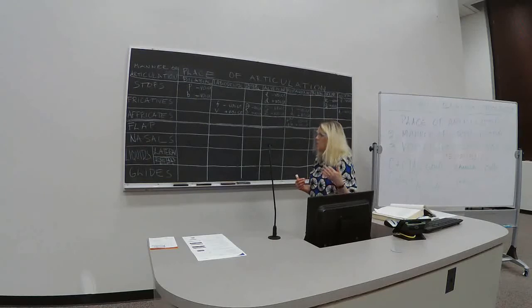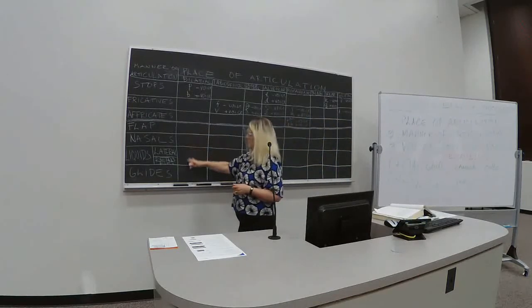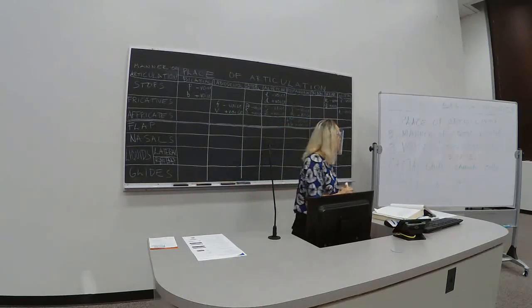Okay, so obstruents: stops, fricatives, and affricates, because of the obstruction for the air, and that's the manner of producing these sounds. Then we have nasals, liquids, and glides. The flap is kind of an addition there. We'll talk about that in a moment. The remainder from here down are called sonorants.